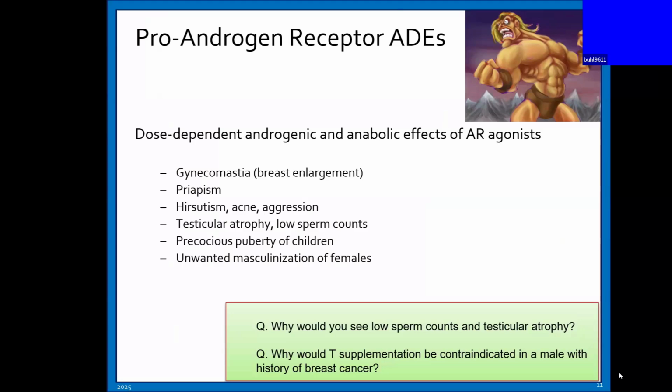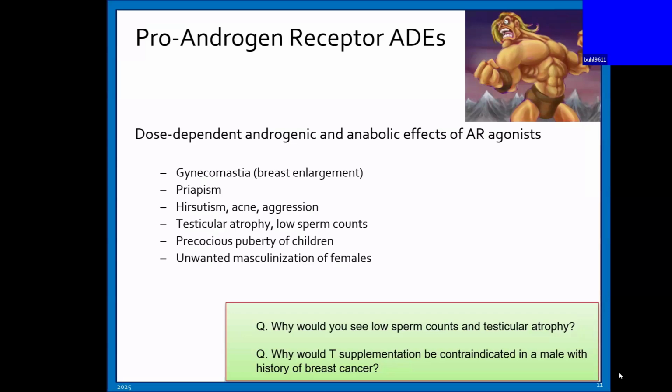If you are giving testosterone or testosterone replacement, your adverse effects are going to be testosterone adverse effects and DHT adverse effects. If you're replacing testosterone and increasing that, then you're also increasing DHT. And in some cases you're also increasing estrogen, just because you're flooding the cells with too much T and enzymes.